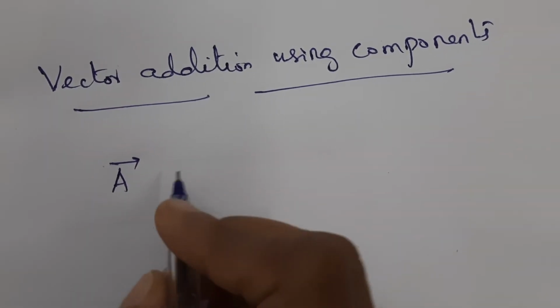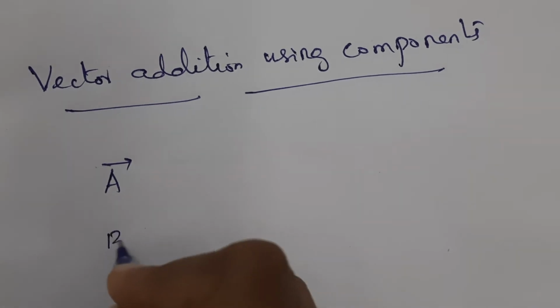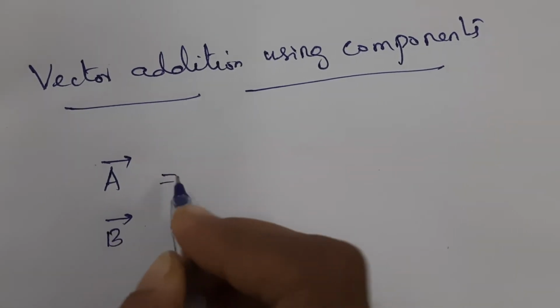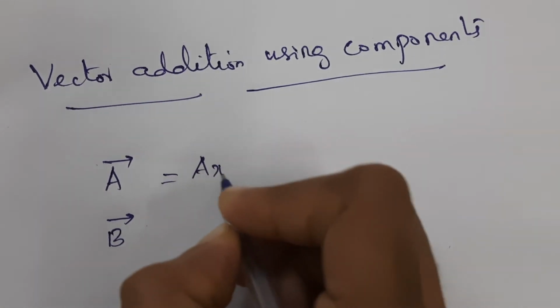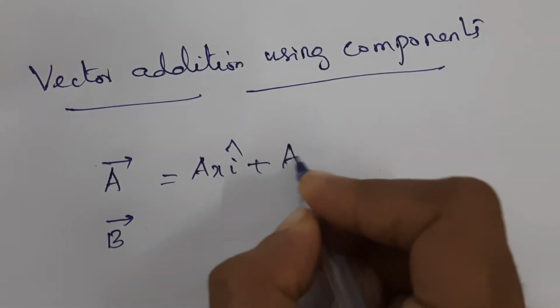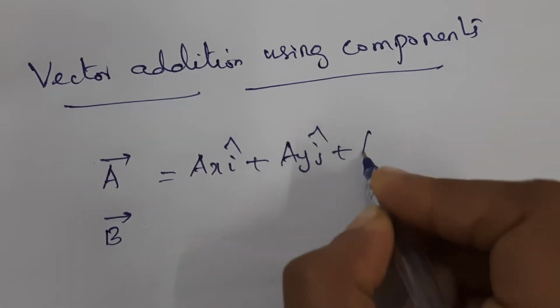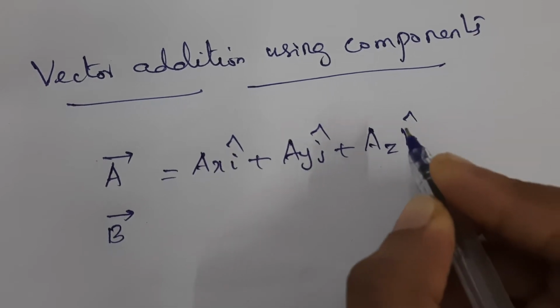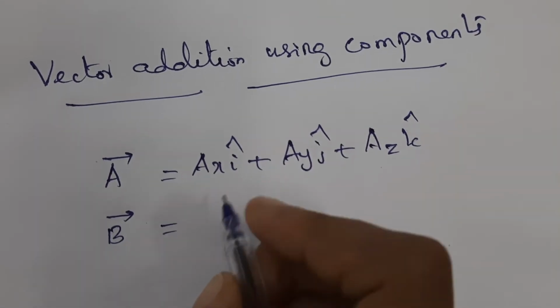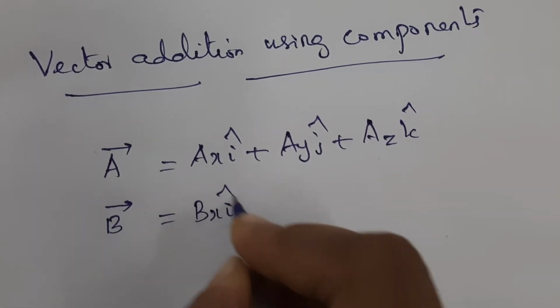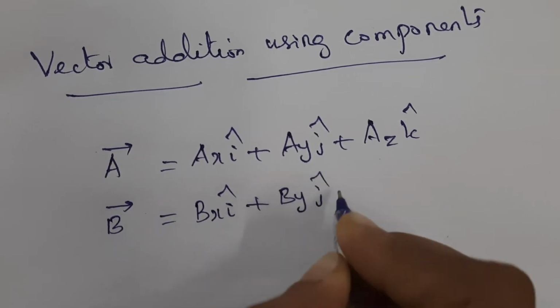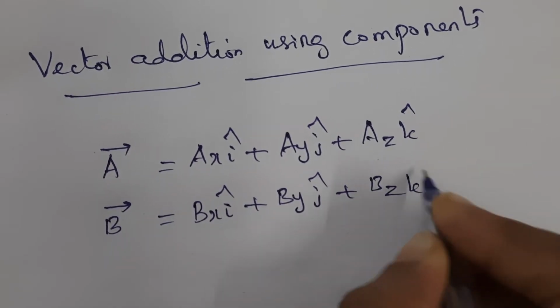A vector can be expressed as Ax i cap plus Ay j cap plus Az k cap. B vector can be written as Bx i cap plus By j cap plus Bz k cap.